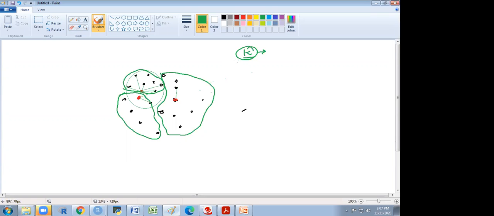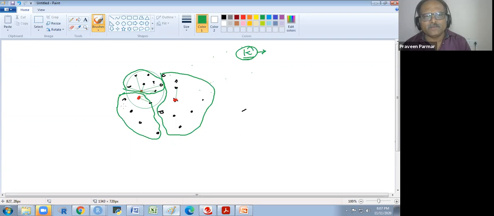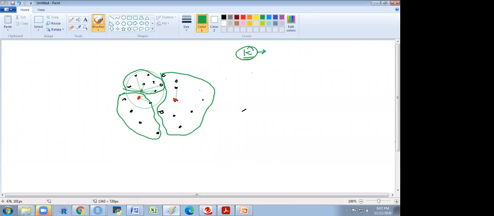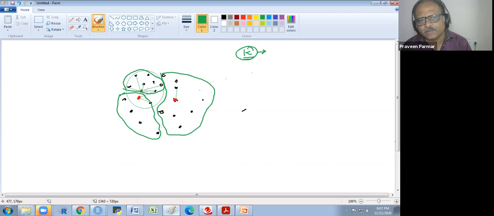But how do you decide the minimum distance? You see that this point with this point is smaller, so this point will go to this centroid. This point is near to this, so it will also go with this one. We could say this is a leader.